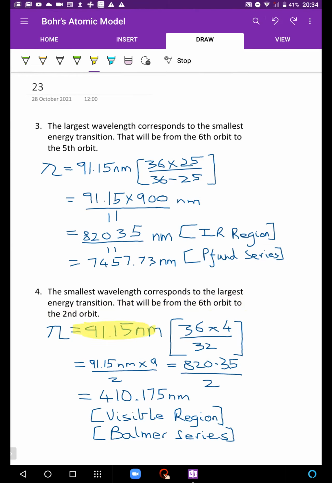Do the calculation. 91.15 into n1 square n2 square, 36 into 4, upon n2 square minus n1 square.